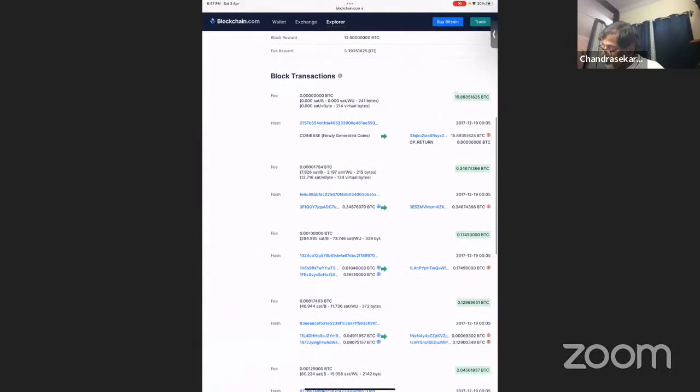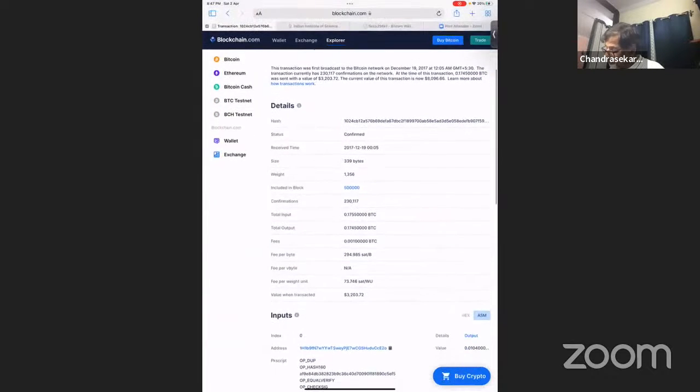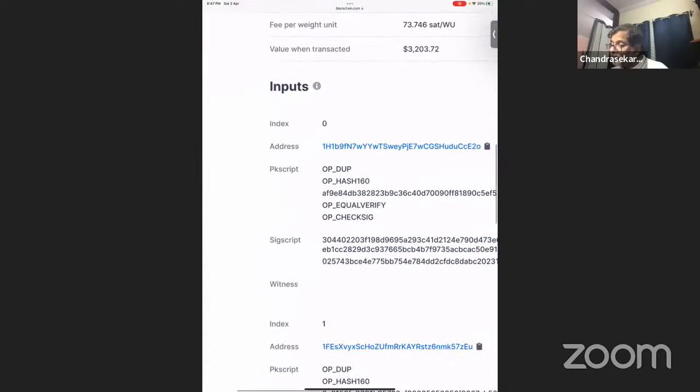Then it gives some transactions. Let us take any transaction. So you can see OP_DUP, OP_HASH, OP_EQUALVERIFY, OP_CHECKSIG.